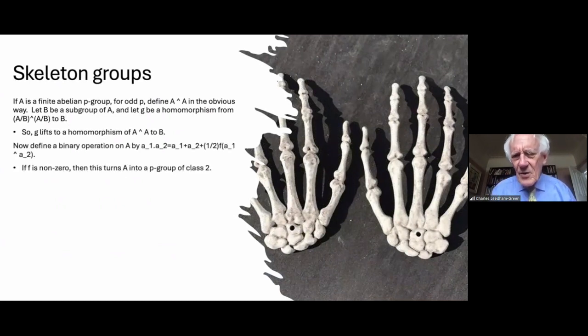Now we have skeleton groups. How is it then that you're going to construct these branches, these serious branches? Now, here is a very trivial way of constructing groups of class 2. I haven't seen this construction anywhere else, but it's a very obvious and simple construction.